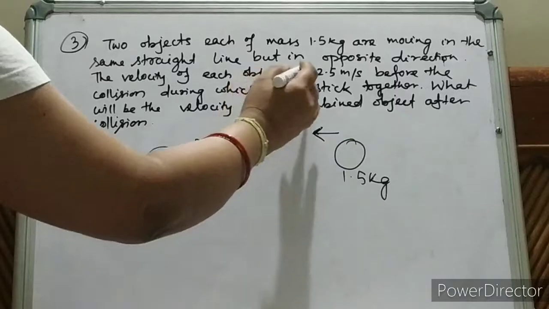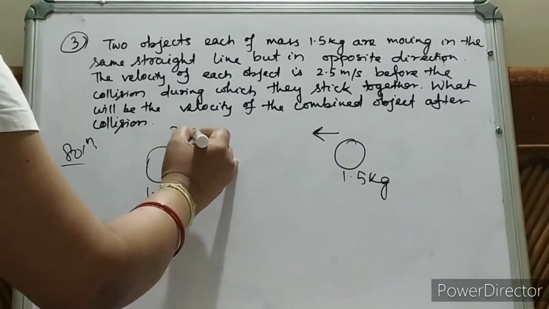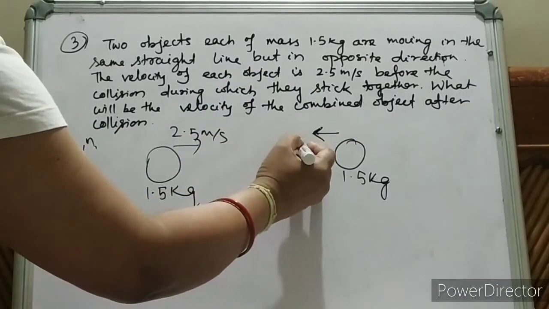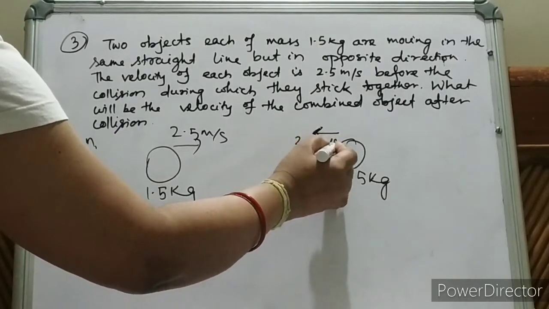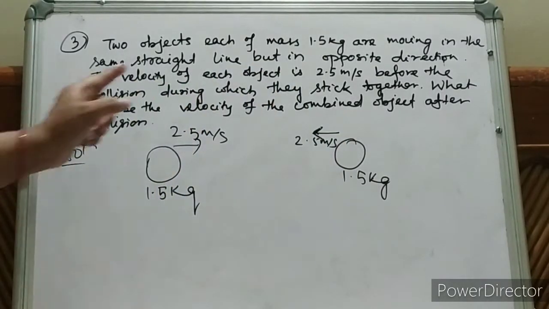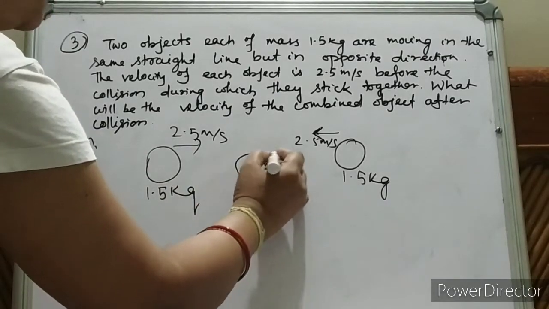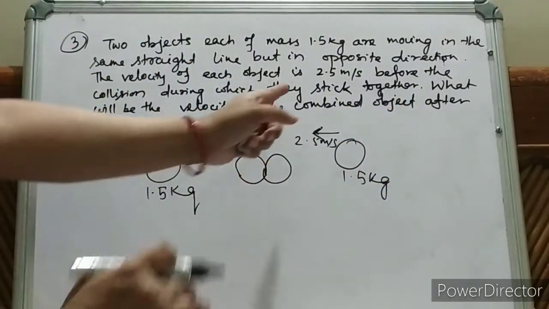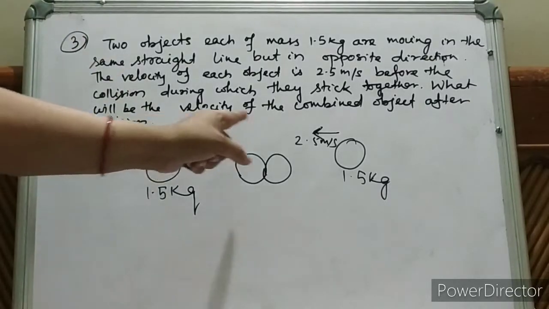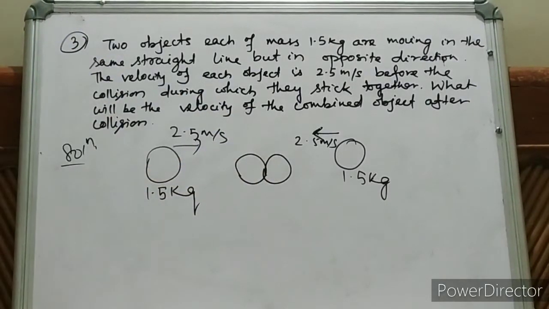The velocity of each object is 2.5 meter per second before the collision, during which they stick together. When they collide, they will stick together. What will be the velocity of the combined object after the collision?